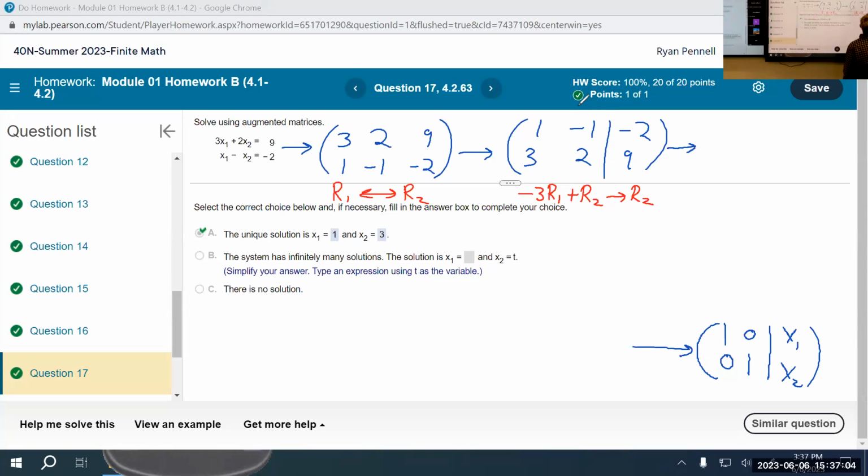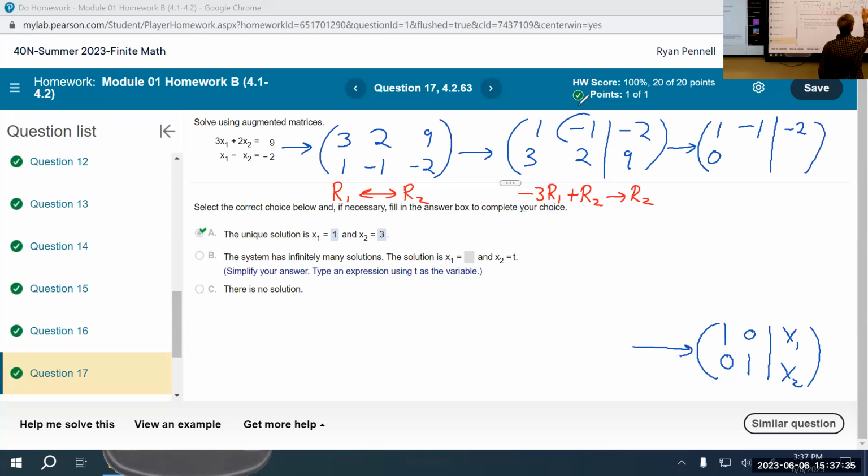All right, so let's do it. If we do this, row 1 does not change. Row 1 did not change, but row 2 does change. By design, that goes to 0. That was my goal. But there are consequences. What are the consequences? I have to do -3 times row 1 plus row 2.